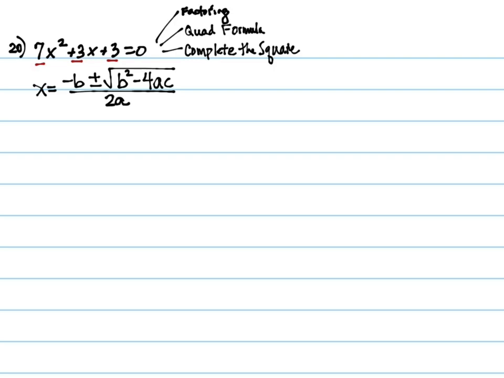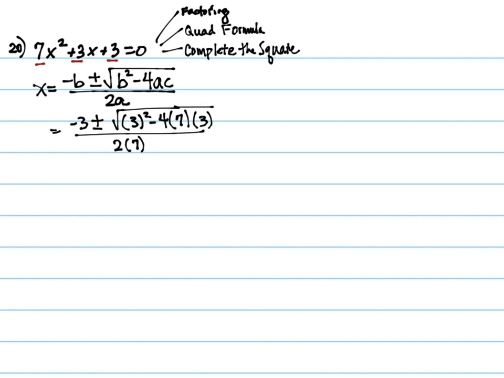So on this one, the b value is 3, so this is negative 3 plus or minus 3 squared minus 4. a is 7, and c is also 3. And it would be divided by 2 times a, which is 7.